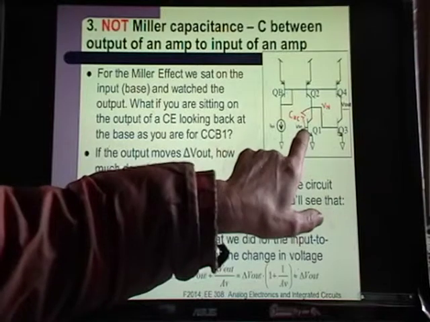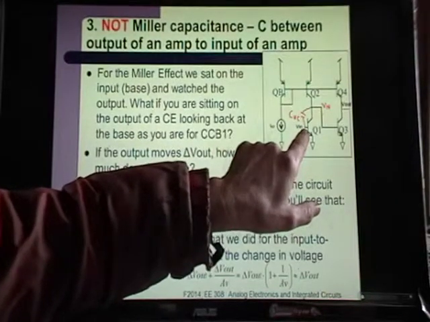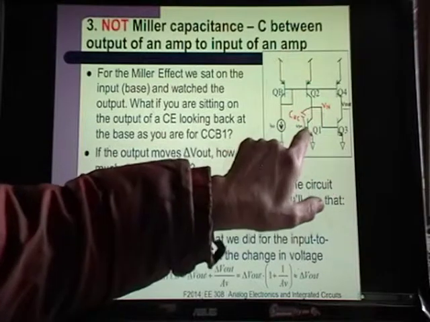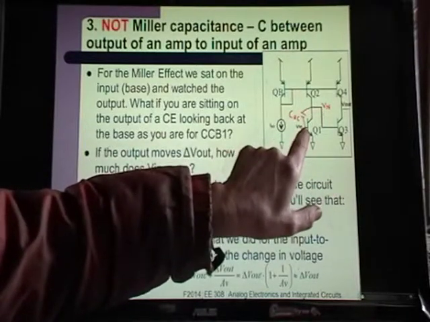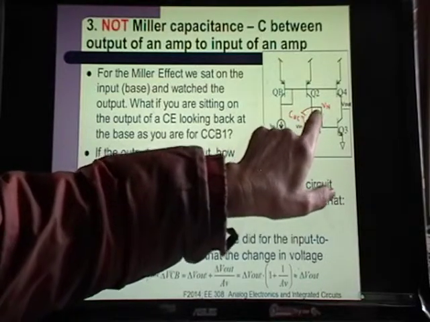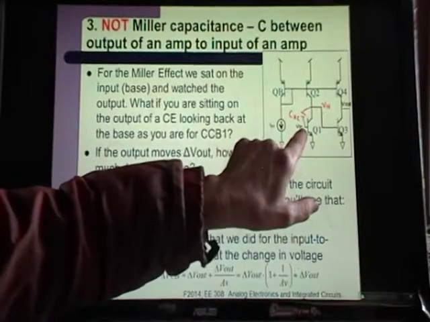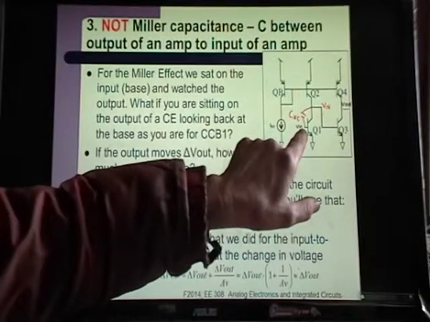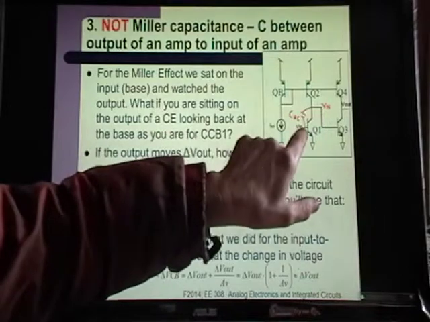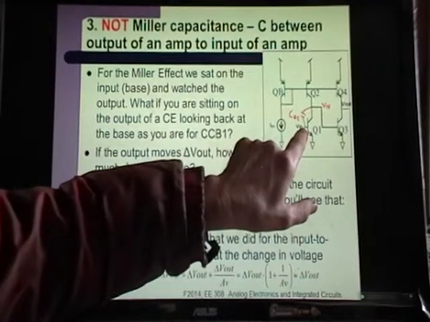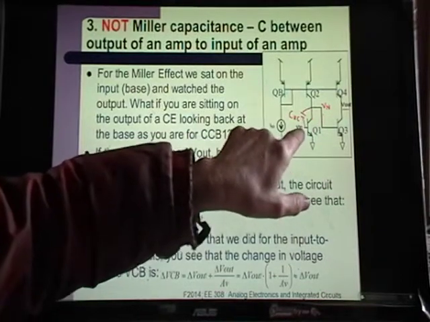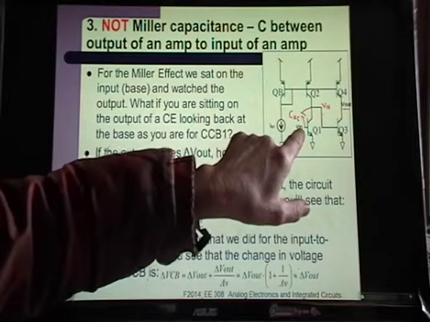The question is how much would Vin move? Remember, this is the output of an amplifier. So it takes whatever is on the input, multiplies it by AV, and shows up on the output. So if the output moves 1 volt, then the input actually moves 1 volt divided by AV. And let's say the gain is 100 here. If this moves 1 volt, this moved 1/100th of a volt.